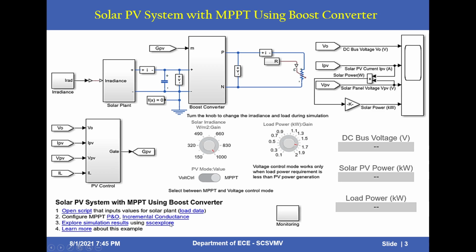Using this Results Explorer block, you can get the simulation result at each and every node of the simulation design. If you click here, you can get this example about this design. After simulation we will get the DC bus voltage, the solar PV power in kilowatts, and the load power.